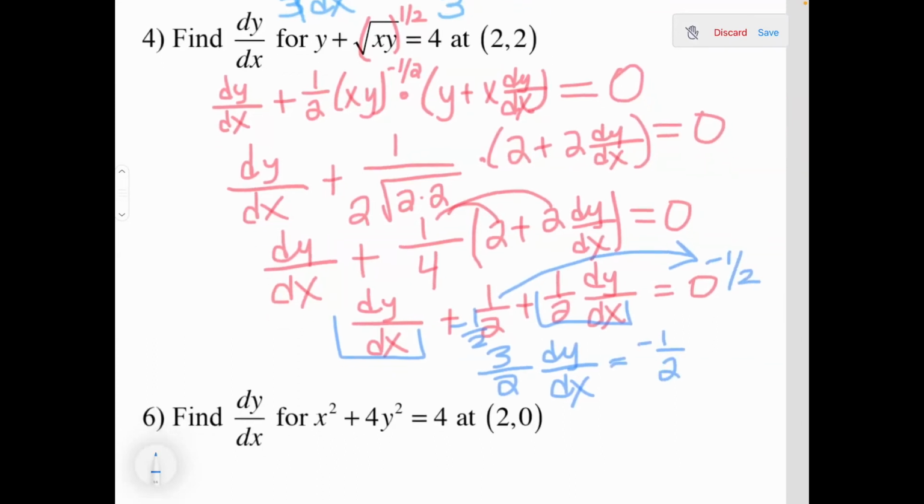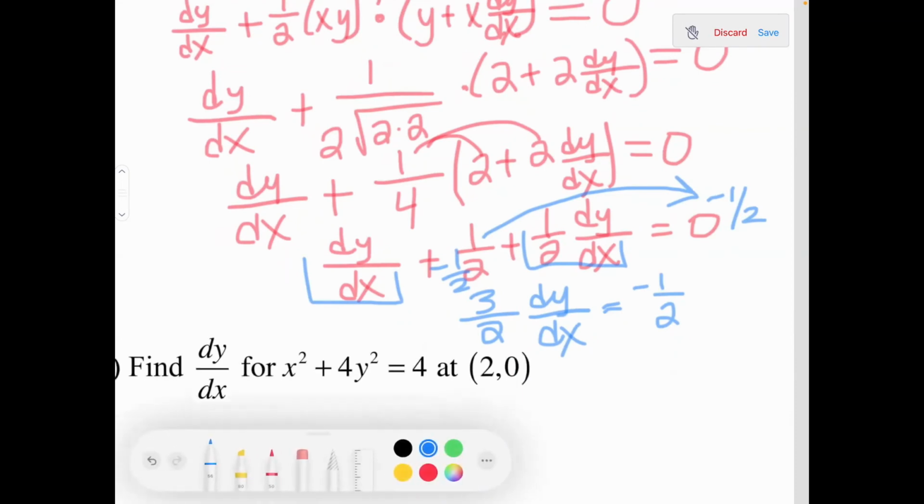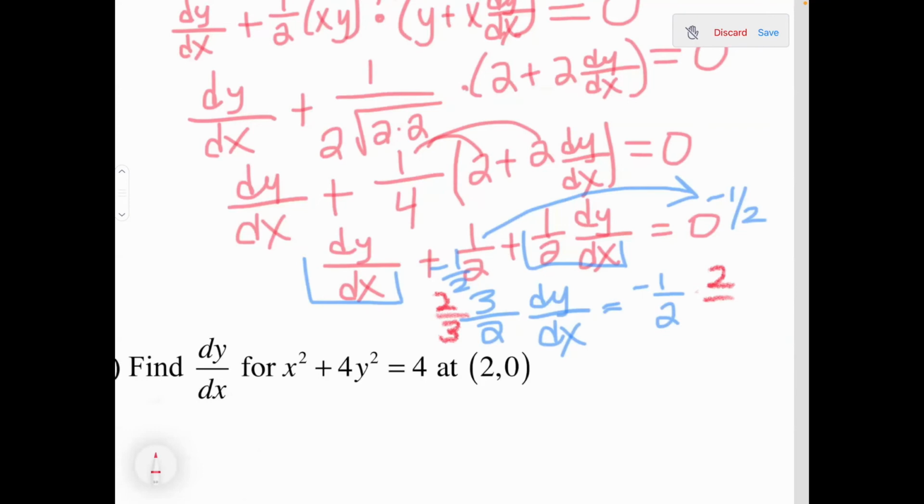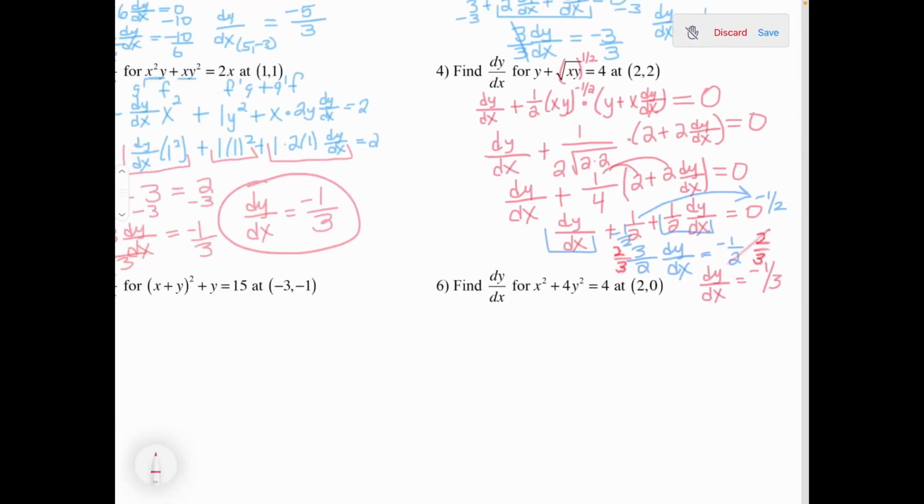To get rid of the 3/2, we multiply by the reciprocal, 2/3, on both sides, and the 2's cancel out. So our final answer is dy dx equals -1/3. That's for number 4.